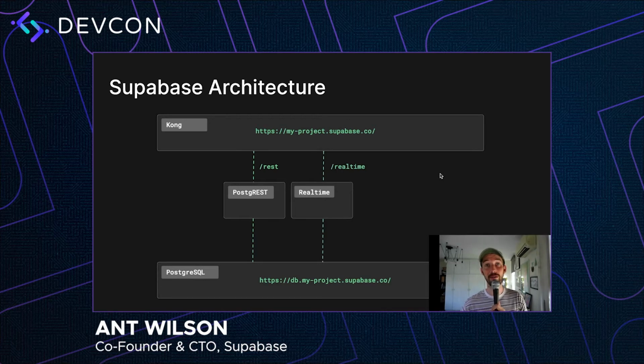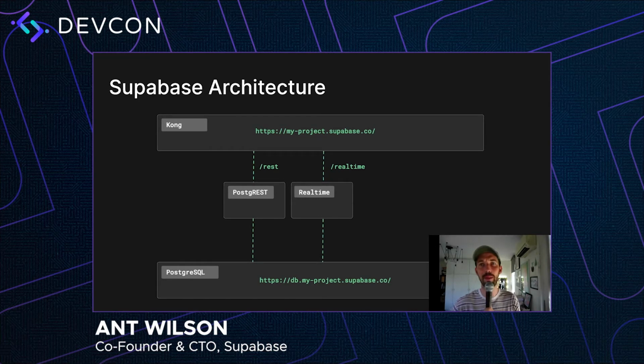The next thing we have is the real-time engine, the real-time API server, which was written in-house at Supabase and, of course, is open source. It's written in a framework called Elixir, which is extremely horizontally scalable. And so you'll find that at this /realtime endpoint, you can subscribe to changes in your database over WebSockets.